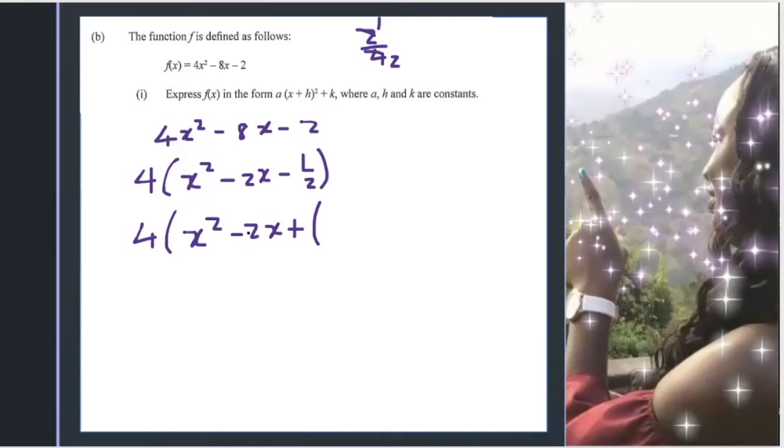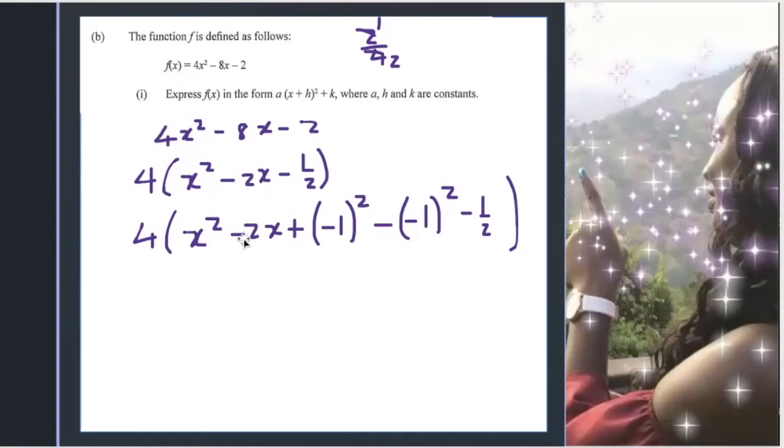Just think about it. Plus or minus half the coefficient of x. The coefficient of x is minus 2. What is half of 2? 1, but because this is negative, we'll have negative 1, and I'll square it, then I have minus, then a negative 1, square it, minus a half. I repeat, we find half of the coefficient of x.